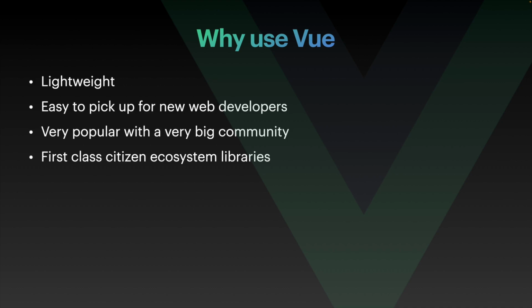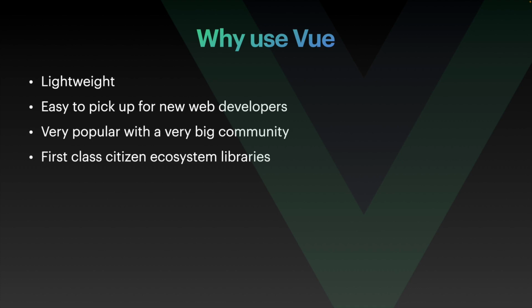So lastly, it has first-class citizens for the ecosystem of libraries that you would use in something like Vue to build a complex app. As an example, you've got state management with Vuex. You also have Vue Router to basically build single page apps and have some kind of routing. And Vue already gives you this from the get-go, whereas with something like React, you have to go and try to find a library that works, and sometimes they don't work very well together.